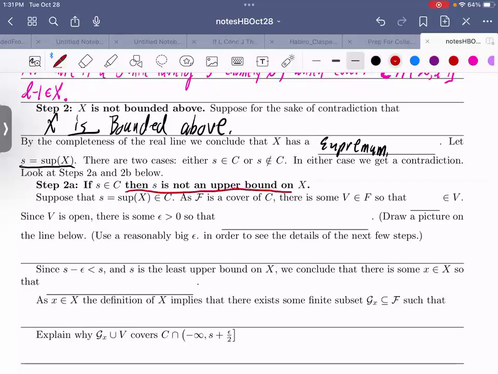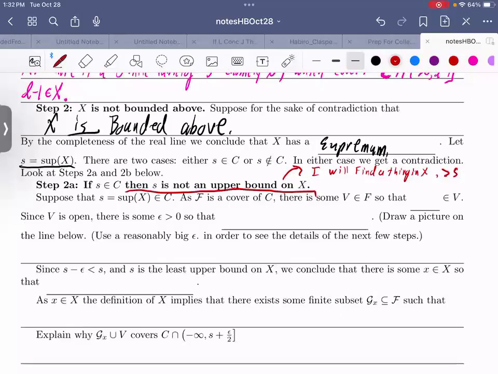I'm going to show that S is not an upper bound on X. And that tells you how I'm going to do that. I'll find a thing in X that's bigger than S. Ooh. All right, so let's try to do that.